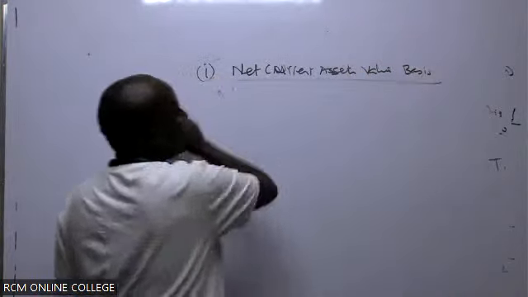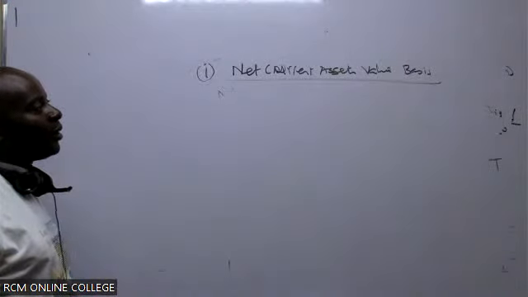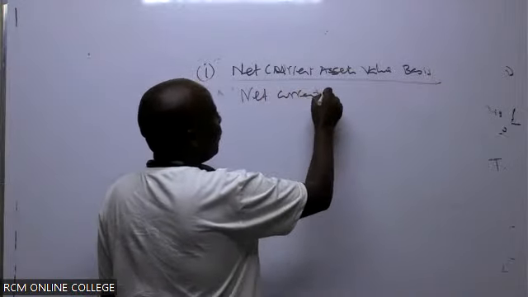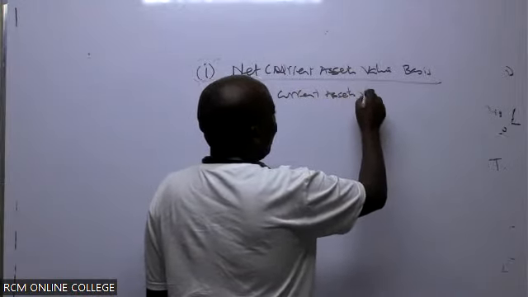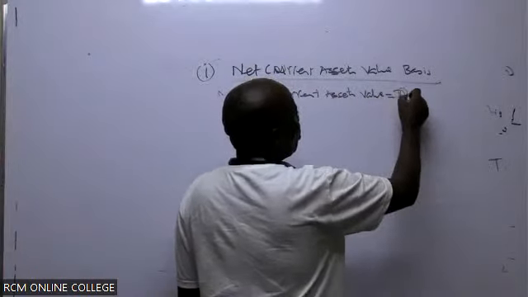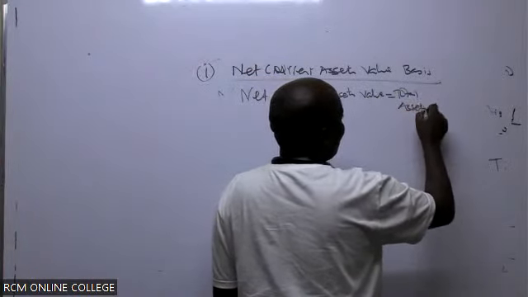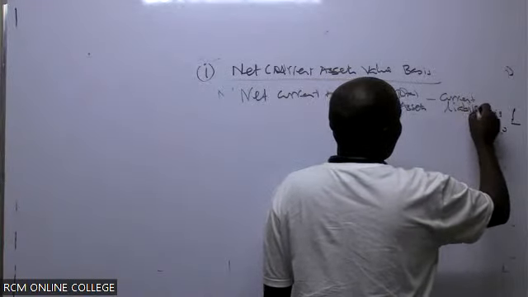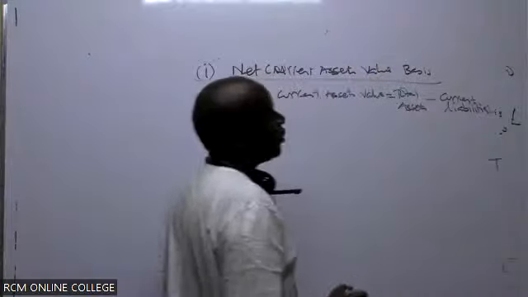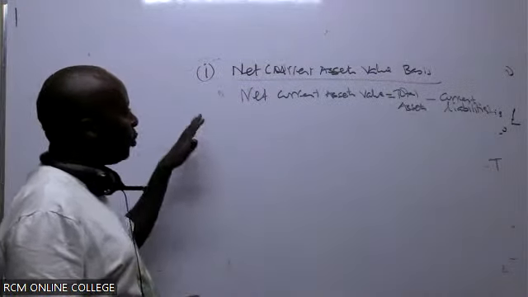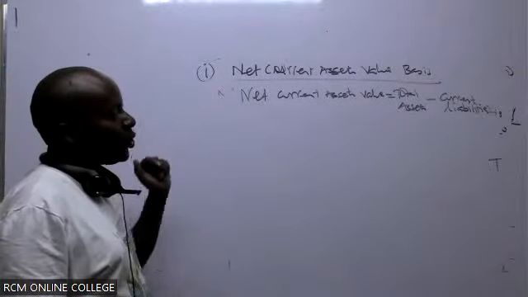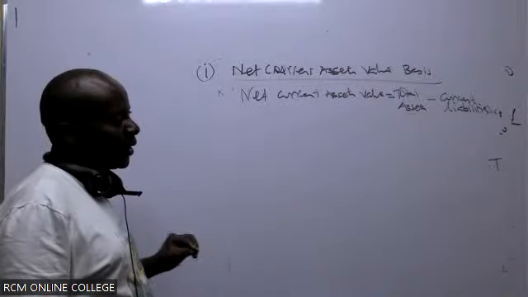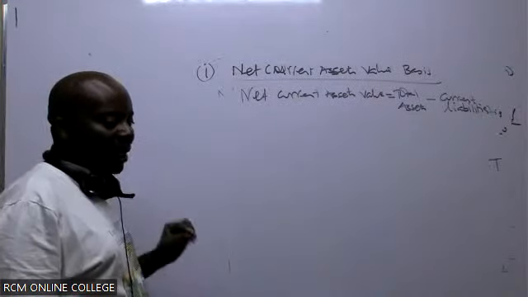It is where we take total assets minus current liabilities. So if I were you, I'd use the two methods, and I'd write it this way: net current assets value will be total assets minus current liabilities.